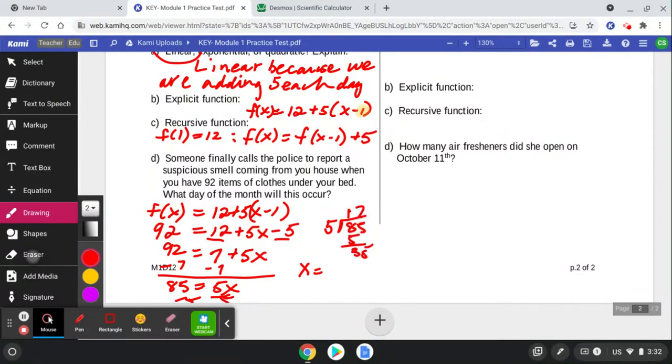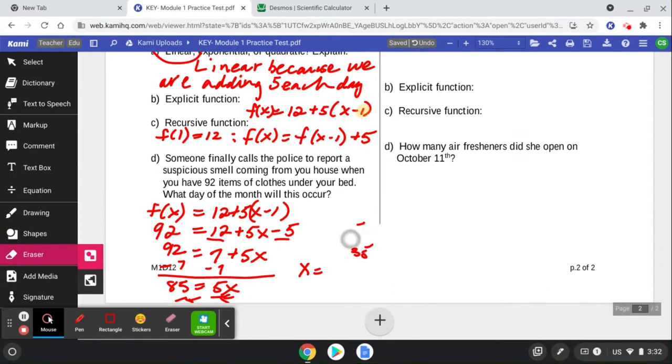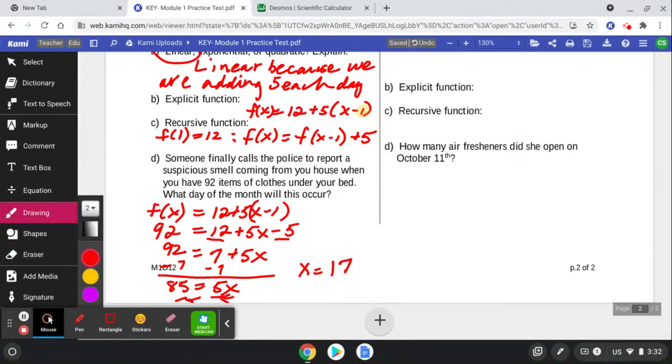And that would give us 17. So that means on October 17th is when you would have 92 items of clothes under the bed, on the 17th day of the month.